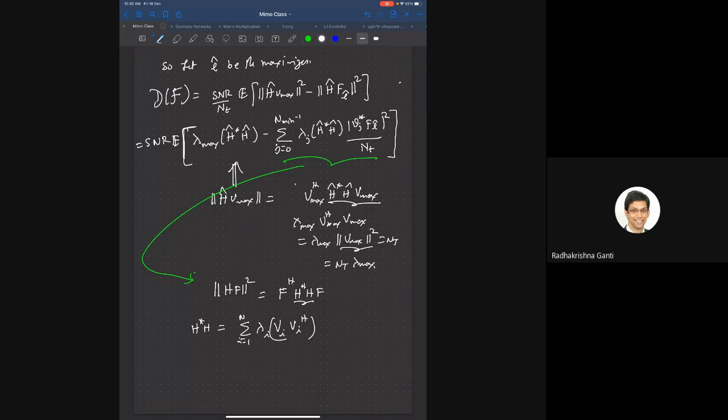Is that fine? Vi are eigenvectors. If someone gives you the eigenvalues and the eigenvectors of a matrix, can you write that matrix like this, as a sum of multiple rank 1 matrices? Vi times Vi Hermitian is a rank 1 matrix, no? Agreed?